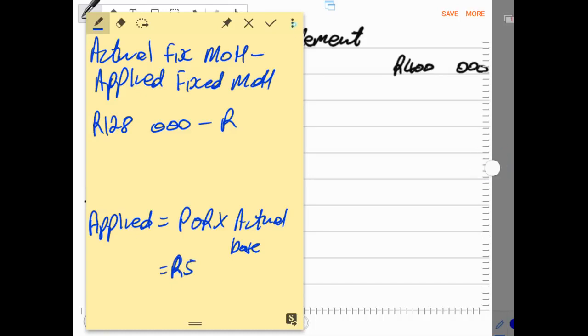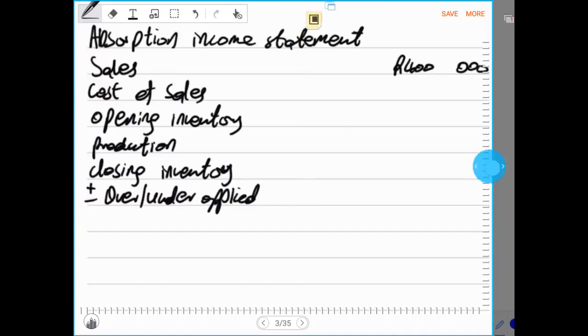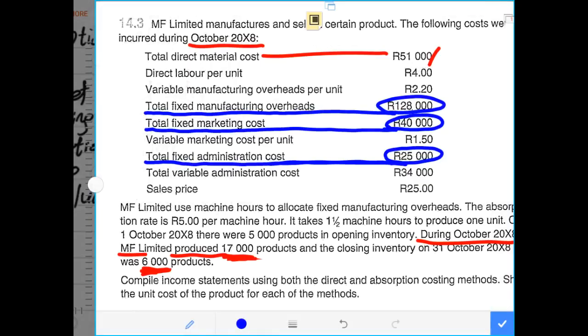Our predetermined overhead rate is 5 rand per machine hour. Then we have to multiply by the actual machine hours. Don't forget, our total machine hours will be the total machine hours to manufacture 17,000 units.